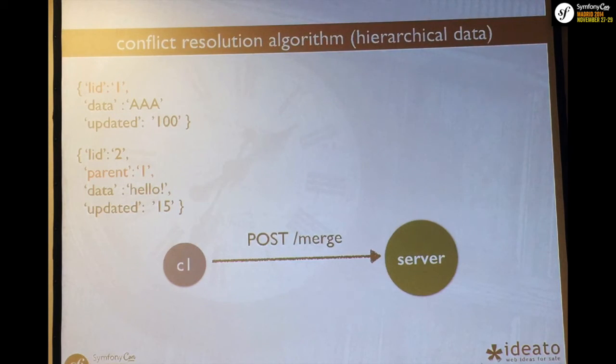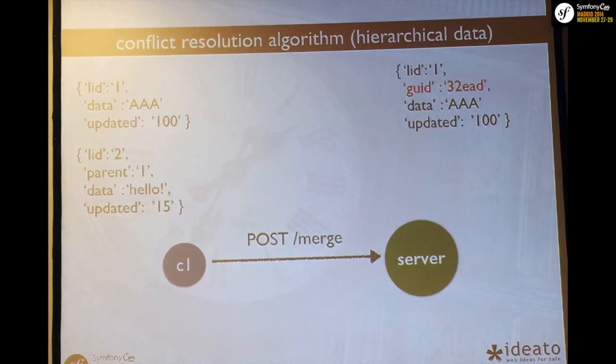So what happens when we issue a merge request? We are trying to first synchronize the root record, the one with local ID 1, and we assign a global unique identifier to it.